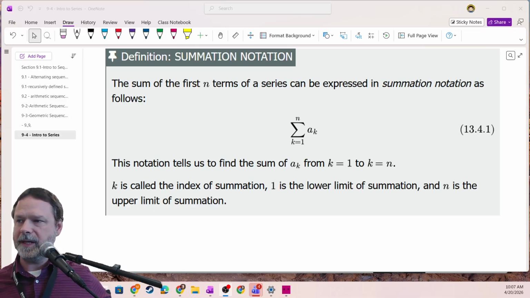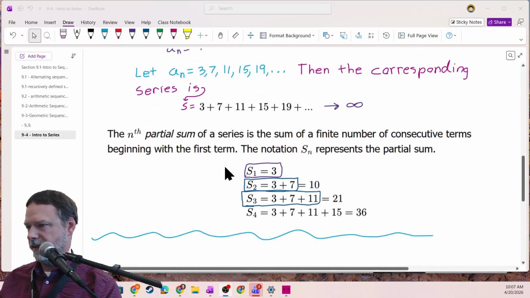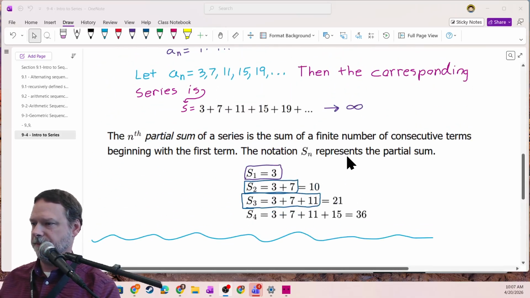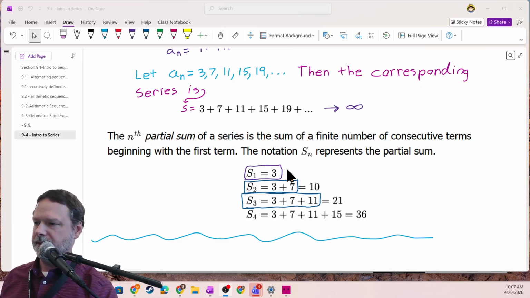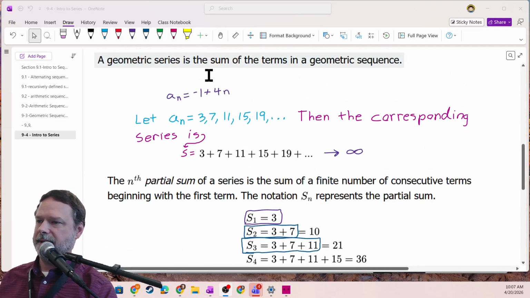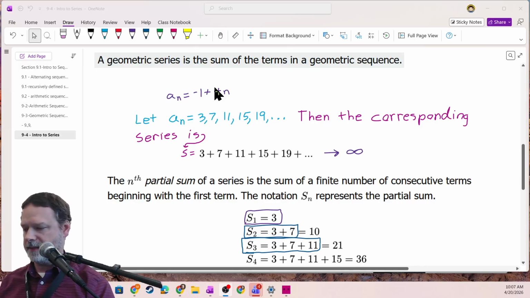We just talked about what series are and the notation for partial sums. What we want to do today is talk about summation notation.